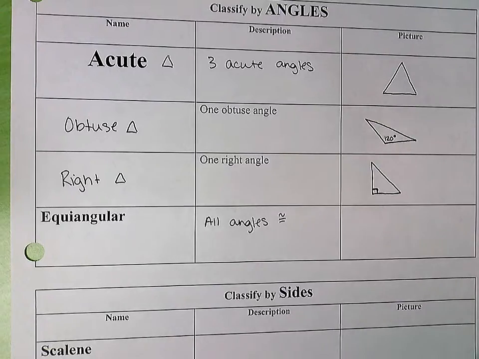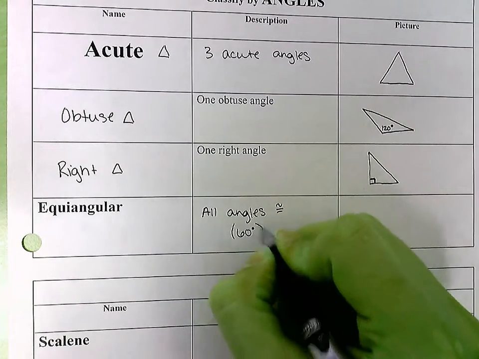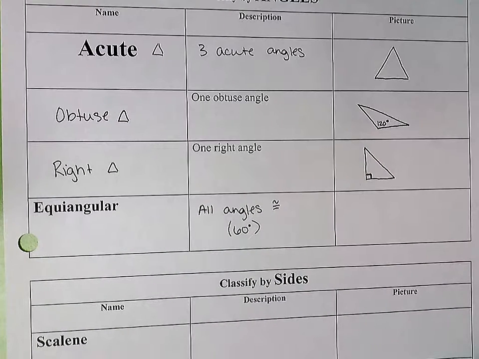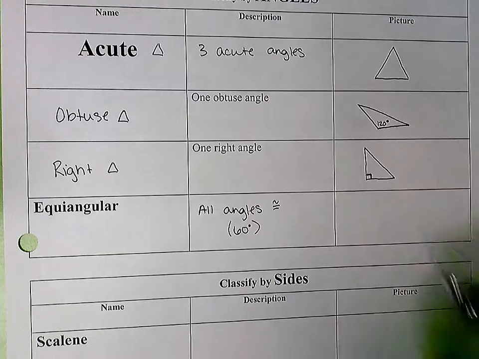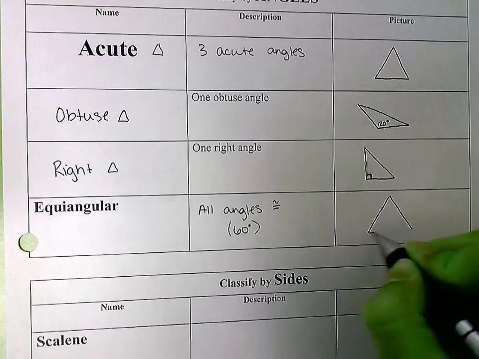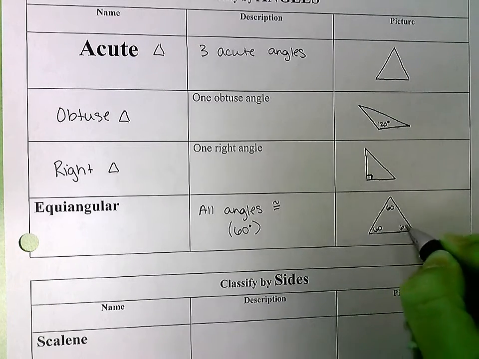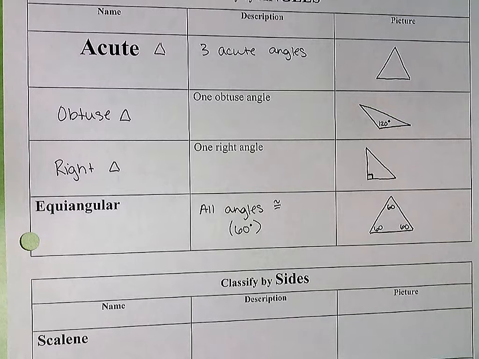So that means they're all going to be 60 degrees. All 3 of those angles will be 60 degrees. In my picture here, it'll be labeled that all 3 of your angles are 60 if it's equiangular.